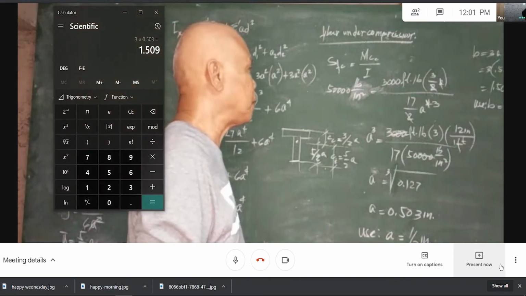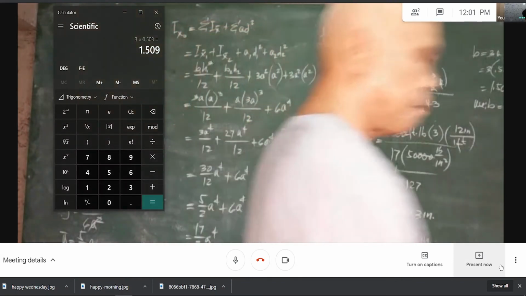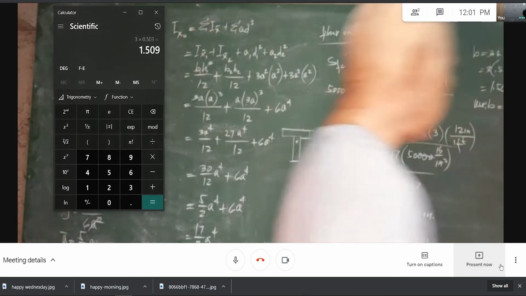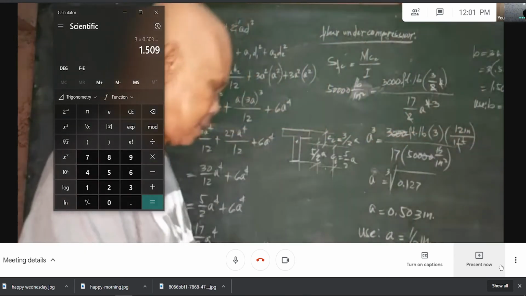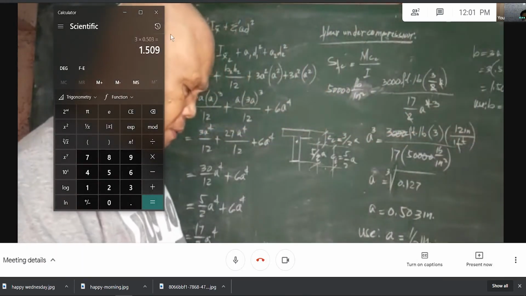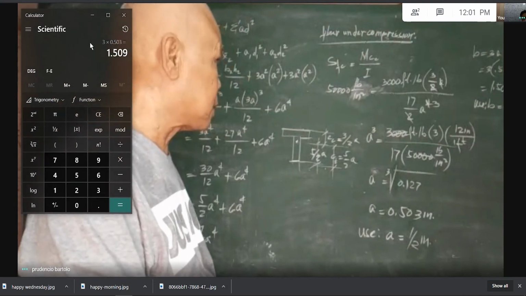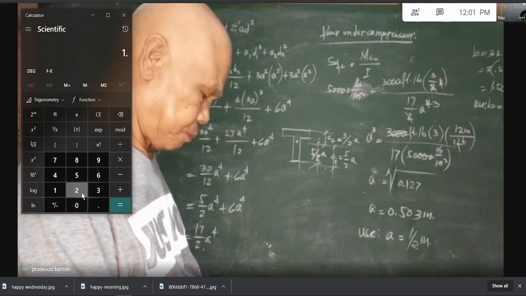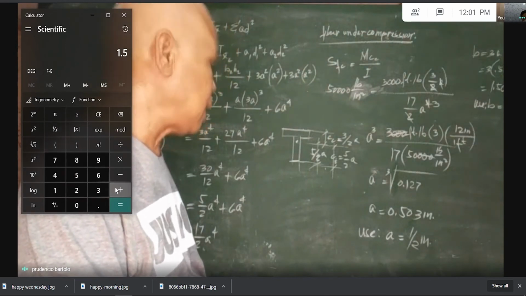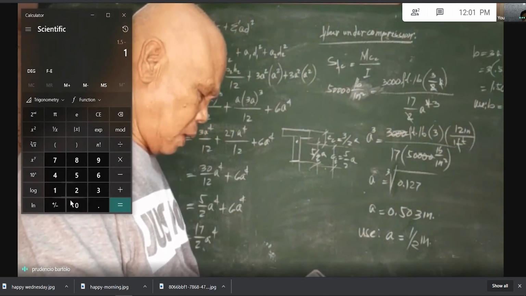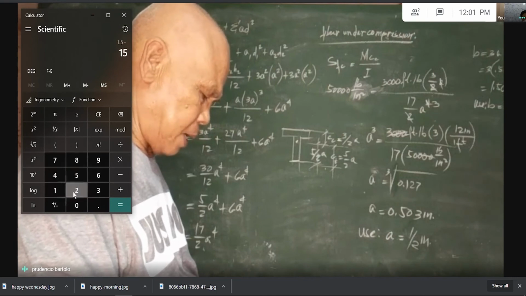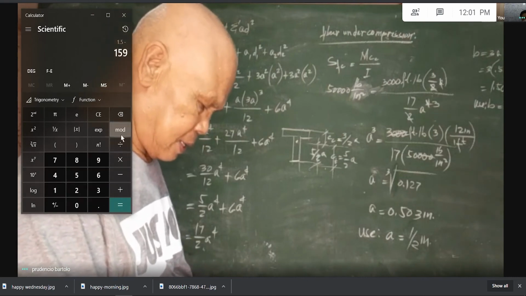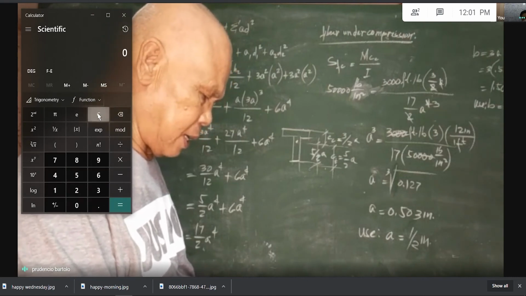So 1.5 subtracted from 1.509 is 0.009 divided by 1.509 multiplied by 100%.